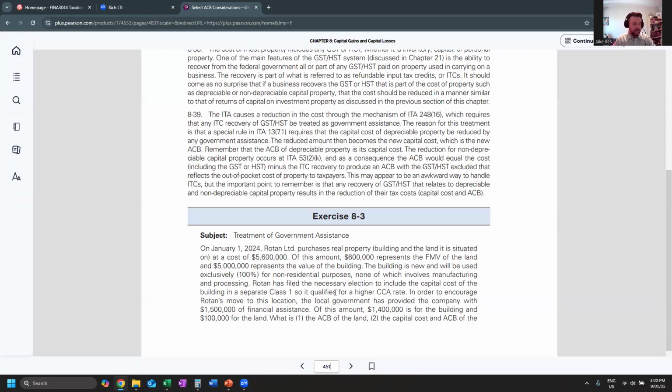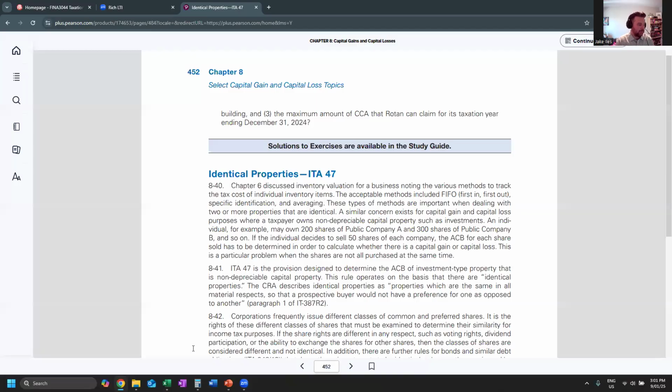They put it in a separate class 1 to qualify for a higher CCA rate. So a new building, non-manufacturing, uses 6% in class 1 instead of 4. We got government assistance, 1.4 million for the building, 100,000 for the land, combined to 1.5 million. What is the cost of the land, the cost of the building, and what CCA was claimed?